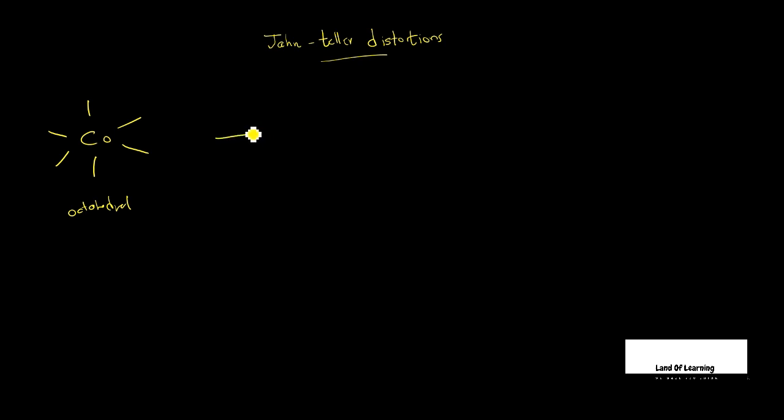When we are looking at the d orbitals of this metal center, there are 5 d orbitals, which are dx squared minus y squared, dz squared, dxy, dyz, and dxz. When the complex is forming, when the ligands are approaching the metal center, these orbitals are going to separate based on their energies.